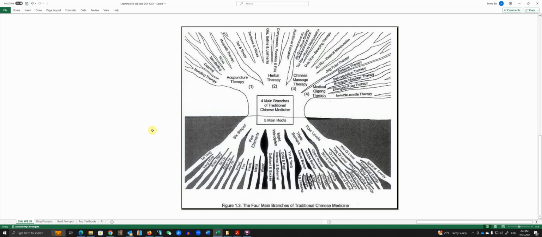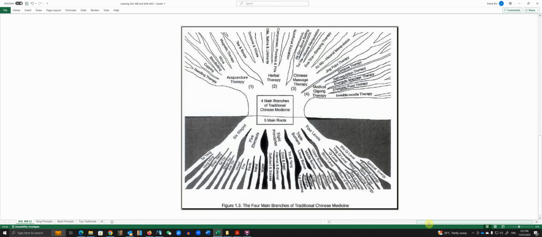And the bottom covers the main theory and diagnosis branches. You'll see the 6 stages of the Shang Han Lun is included. Within Wen Bing, the 4 levels and the triple burner are included alongside the 8 principles and the 5 elements.